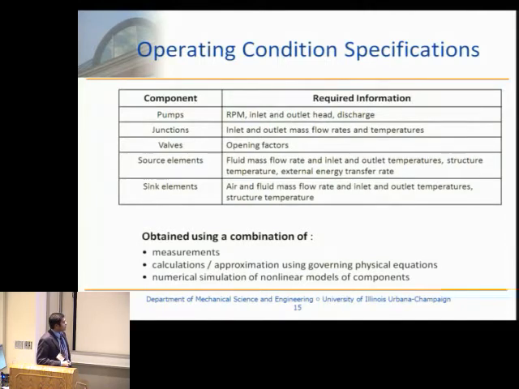There are certain variables associated with each of these components, and we would like to obtain the operating values of those variables. A typical way of doing that could be using a combination of measurements, or using a nonlinear physical governing equation for these components, or maybe using some kind of simulation or system ID.